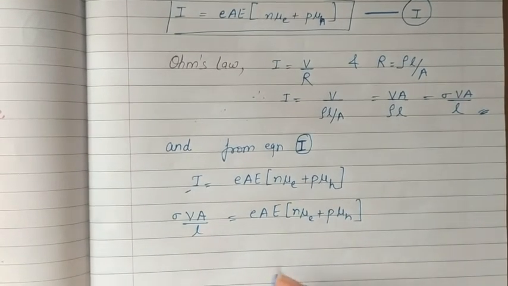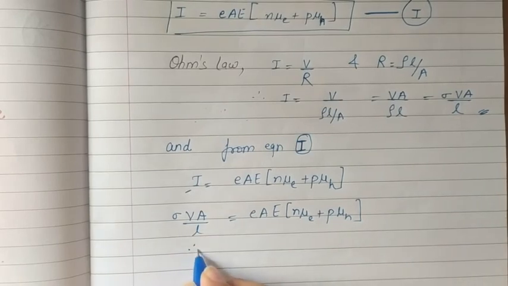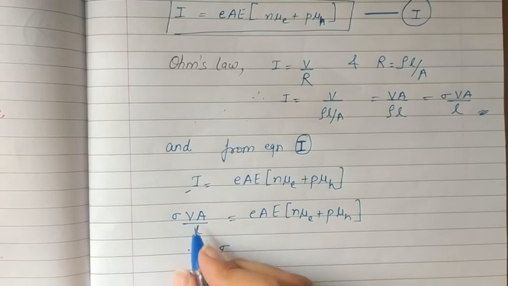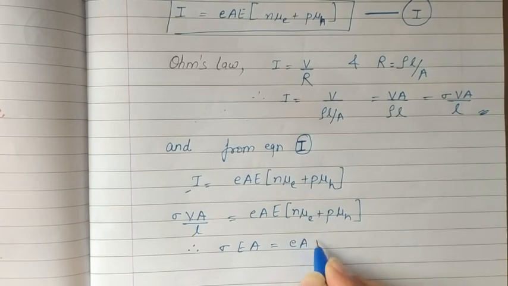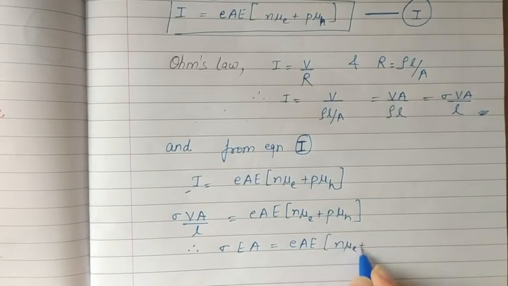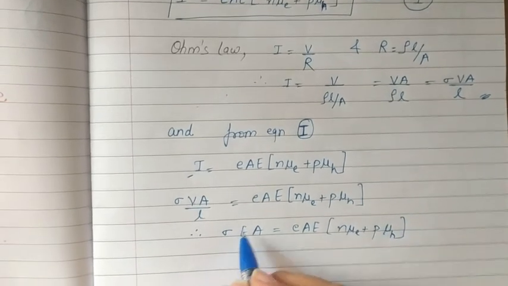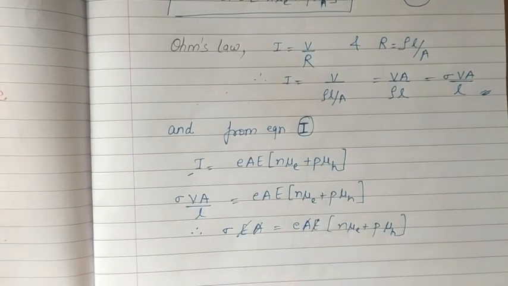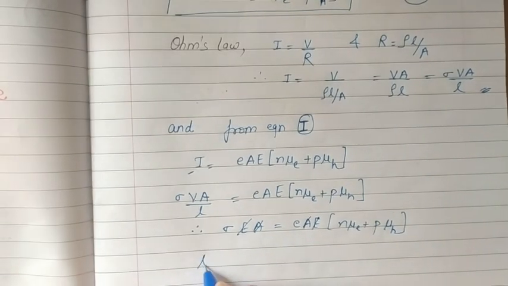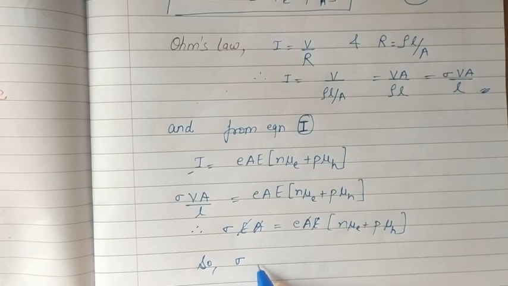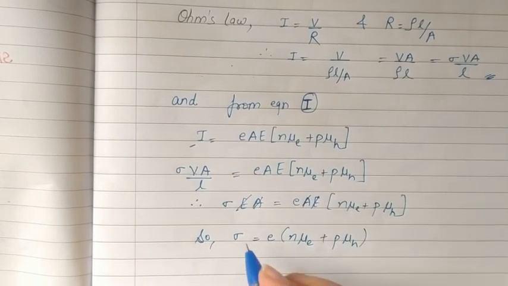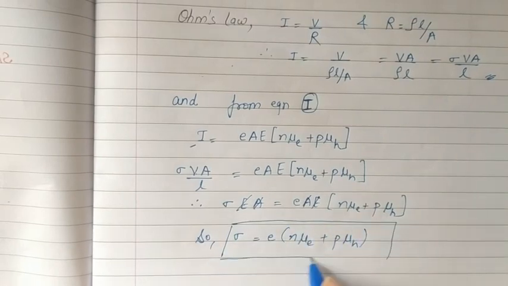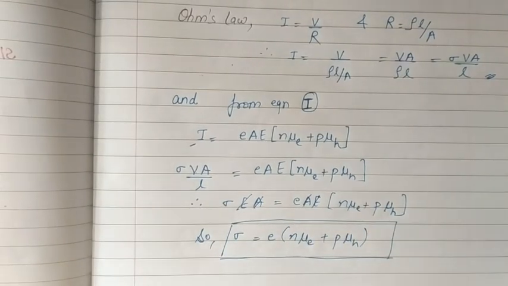Now sigma, and V upon L is the electric field, capital E, so sigma times A times E is equal to small e A E (N mu E plus P mu H). Now the area and electric field cancel, so we get conductivity sigma is equal to small e (N mu E plus P mu H). This is the relation between conductivity and mobilities for a semiconductor.